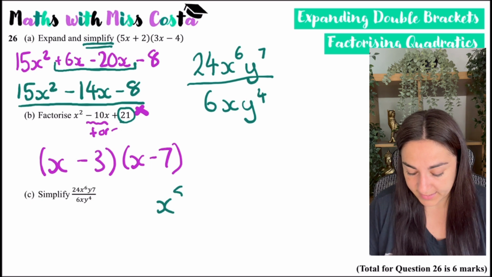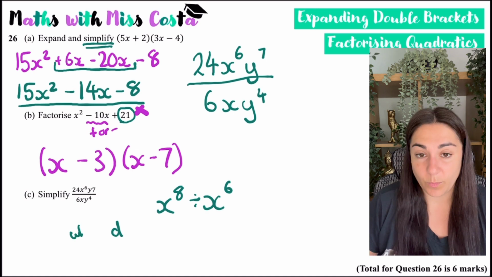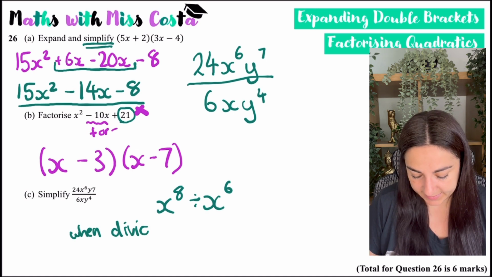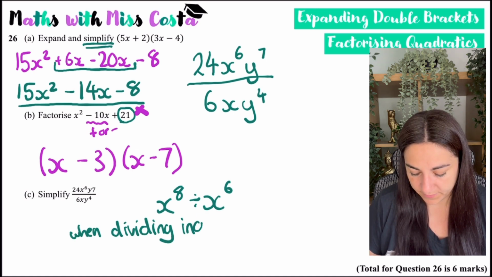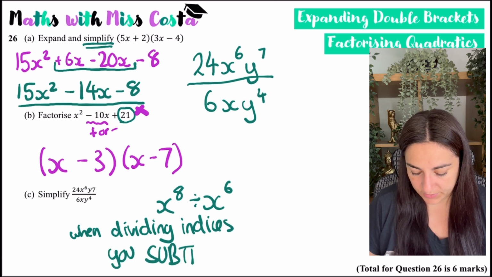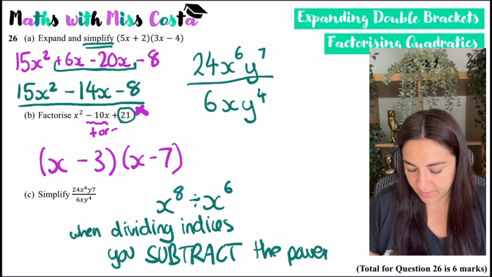So when you're dividing indices, let's say you've got x to the power of 8 divided by x to the power of 6, when dividing indices, you subtract the powers.